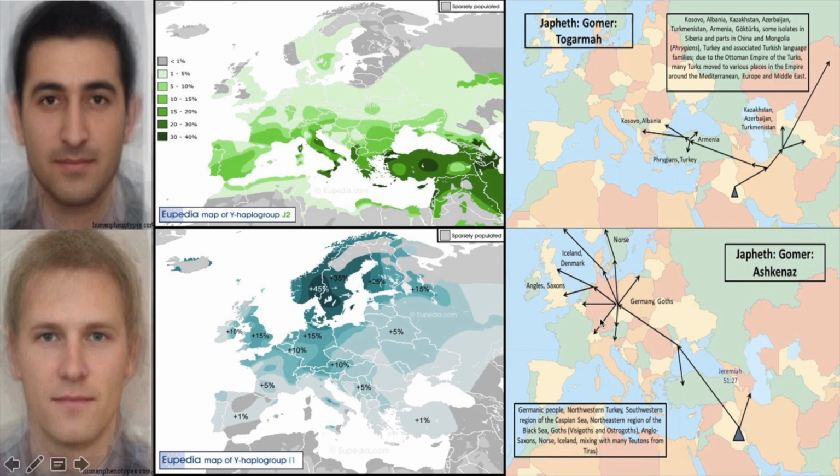There's a perfect overlap between Ashkenaz and haplogroup I, and Togarmah and haplogroup J, and then phenotypically, these peoples will have more Armenoid phenotype. I guess you can consider them to be slightly pigmented Middle Easterners, whereas Ashkenaz would have more of a Germanic, Nordic phenotype, and these would be more of the depigmented Middle Eastern types, in a sense.